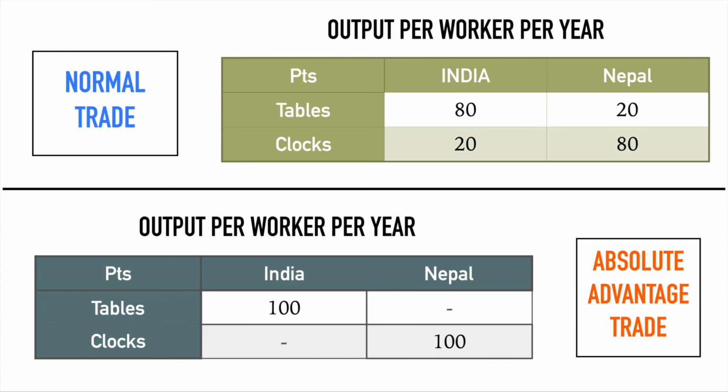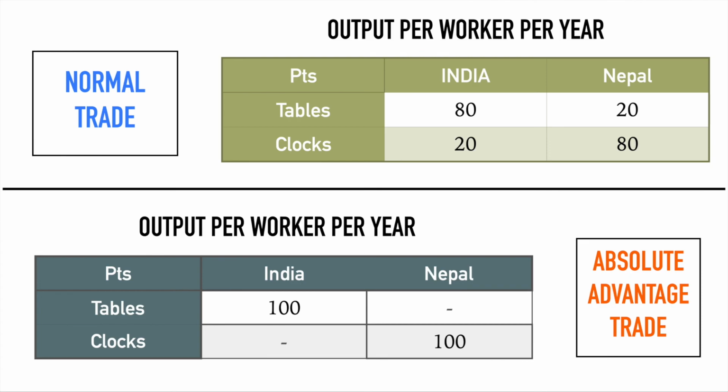That way India produces the best, using all its efficient resources and producing more tables, and Nepal, using its best resources and efficiency, produces more clocks. Then you can save time and effort on what you're not good at, and start exporting to each other's countries. Is that clear? So this is the example of absolute advantage theory.